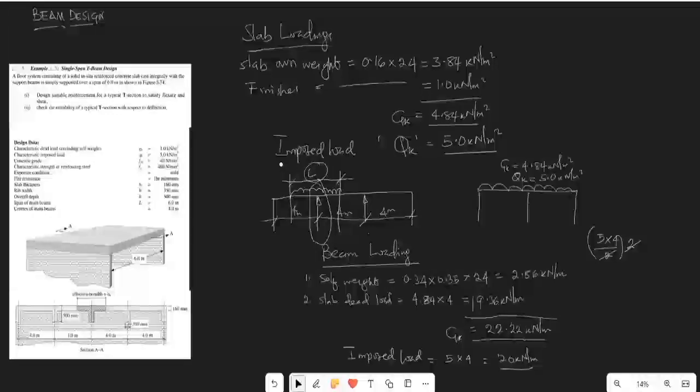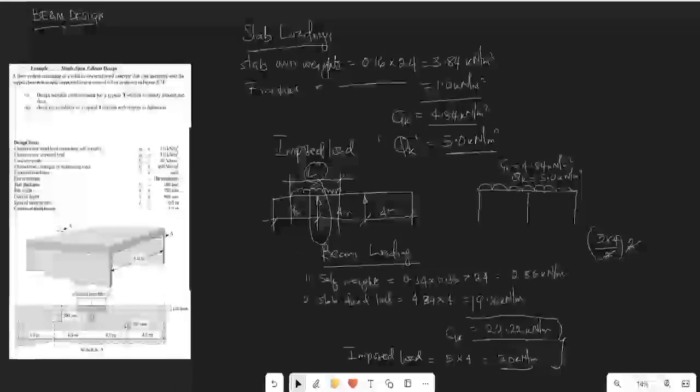Now what our beam is going to be subjected to is this load. So the ultimate design load for this beam will be 1.4 GK plus 1.6 QK. I believe everyone is aware of this.